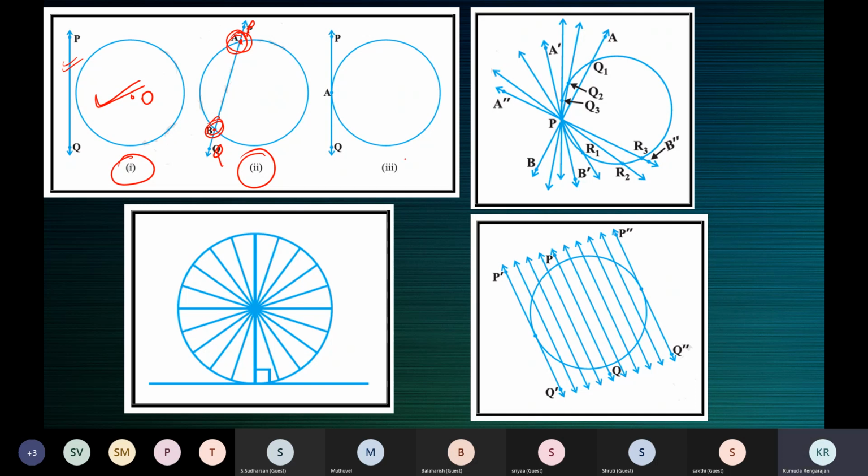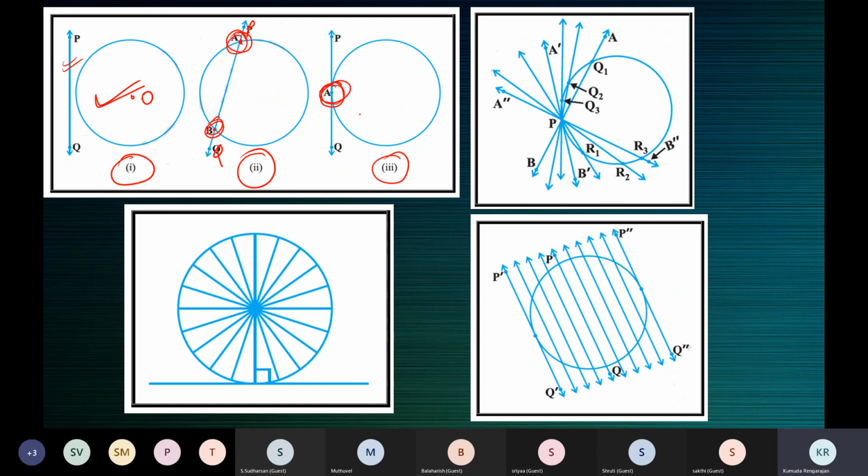Now, what if the line PQ were like this? It touches the circle. You can say it intersects or it touches the circle at exactly 1 point. In the third figure, the line PQ touches or intersects the circle at exactly 1 point A. And here PQ is called the tangent to the circle.